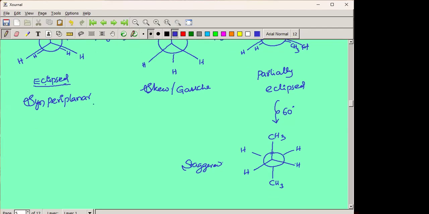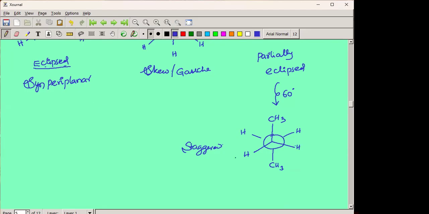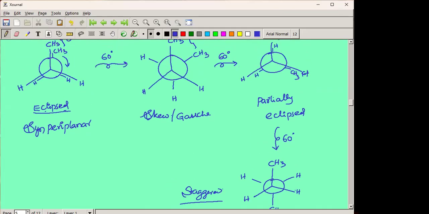So this staggered conformation is considered as anti-periplanar, because half of the part is in one plane and the other half is in another plane. That's why this is called anti-periplanar. In the previous case, the eclipsed form, both are present in the same plane, so almost all are nearer. That's why this is a syn periplanar structure.